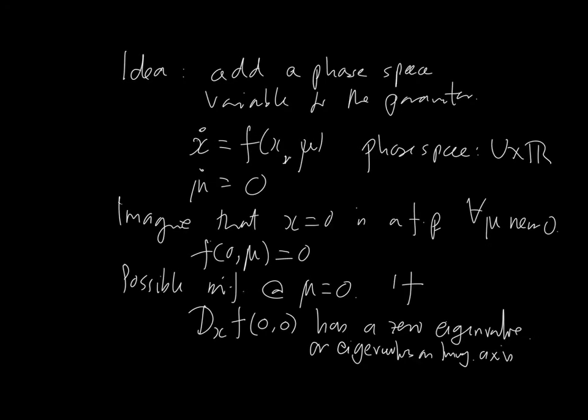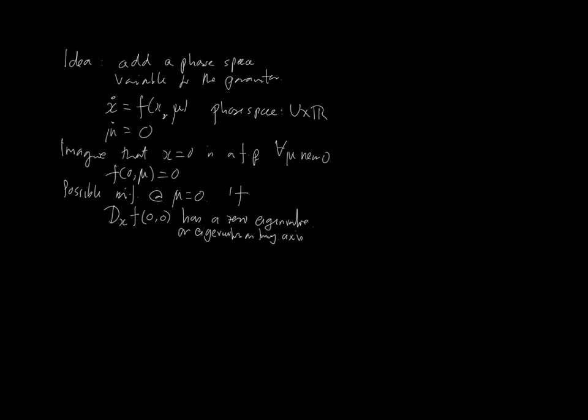So let's imagine what's happening in the complex plane here. This is the complex plane, the spectral plane, not the phase space. I'm just looking at what's happening to the eigenvalues. This is the spectrum of d sub x f of 0, mu, the linearization of f at the fixed point 0 as mu varies.